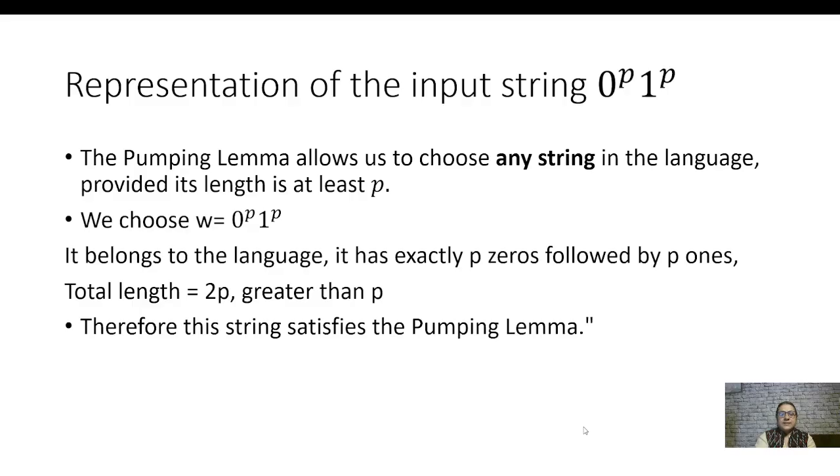So what is the length? The length is 2p, which is certainly greater than p. Therefore, this string satisfies the pumping lemma. For demonstration, if we have 10 zeros and 10 ones, then we have 20 symbols in total.